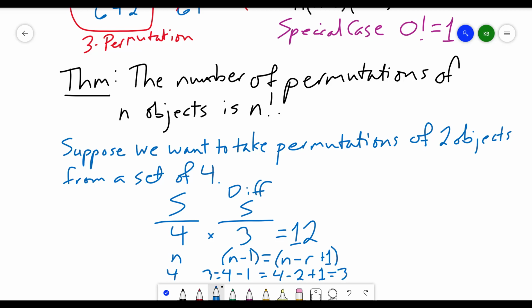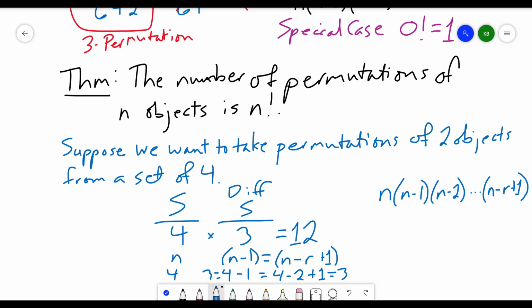So we have a multiplication that's happening here that's actually n times n minus 1 times n minus 2, and so on until we get down to n minus r plus 1. And that's our number of permutations.